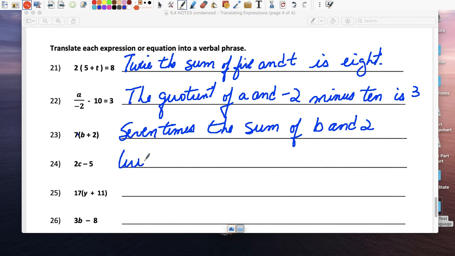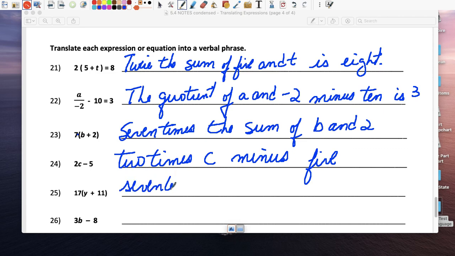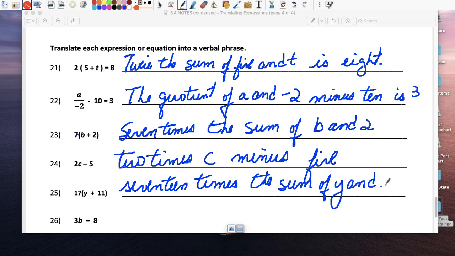We got 2 times c minus 5. 17 times the sum of y and 11. The last one, we can say 3, so keep it simple, 3 times b minus 8.